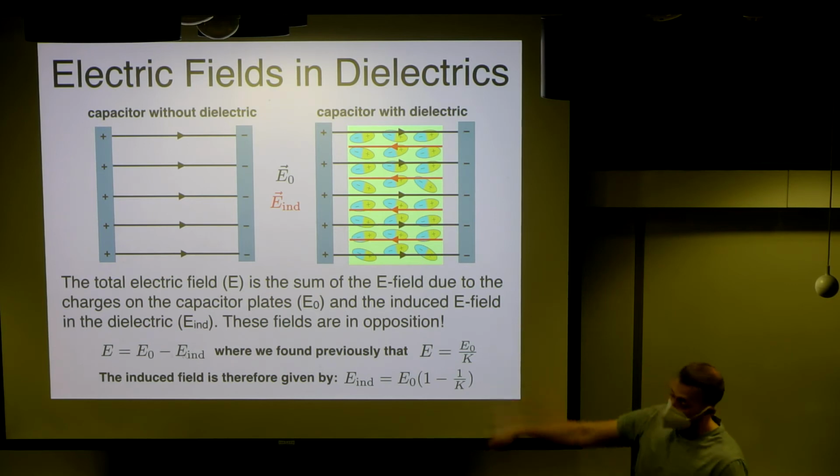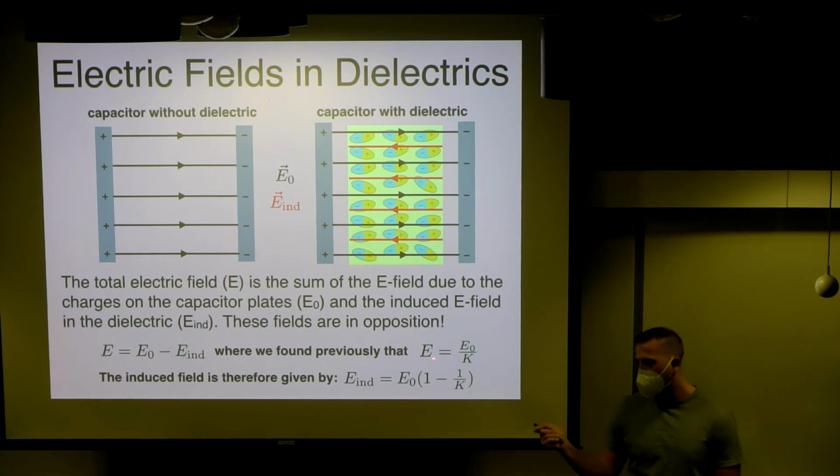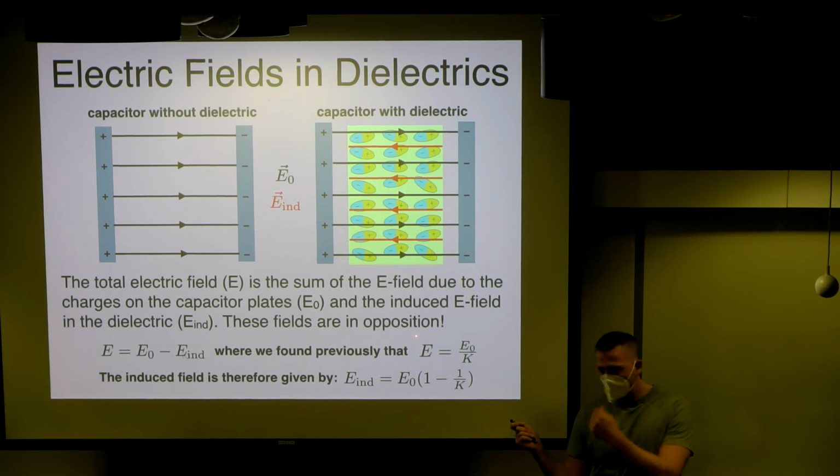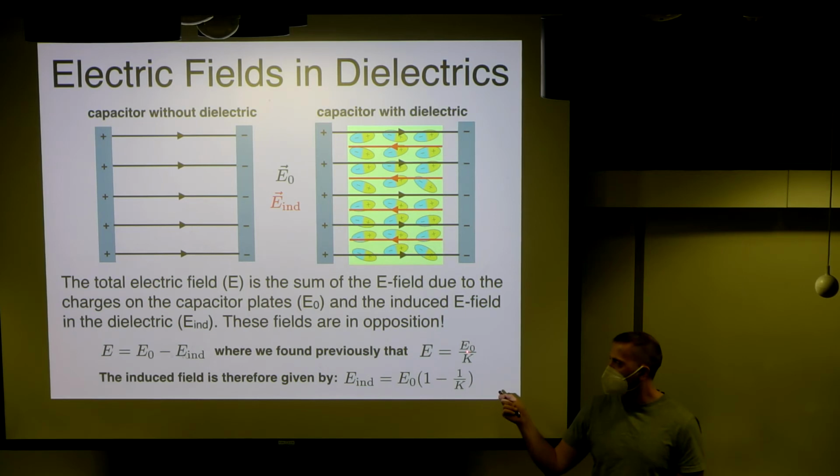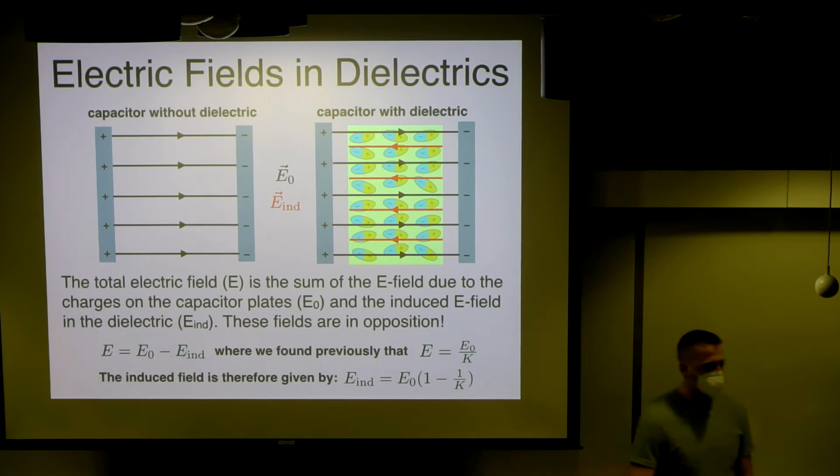So because they oppose each other, the total E field is E naught minus E induced. Does that make sense? As they go against each other, we subtract. But check this out. We previously found this. I showed you before that the total E field is equal to E naught divided by K. In other words, it's reducing the strength of the E field by a factor of K. I showed this already, so hopefully that's looking familiar. Let's take these two results and work out this result here. It's actually pretty simple. Let's just do it.